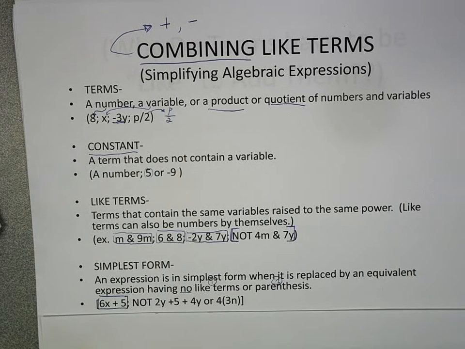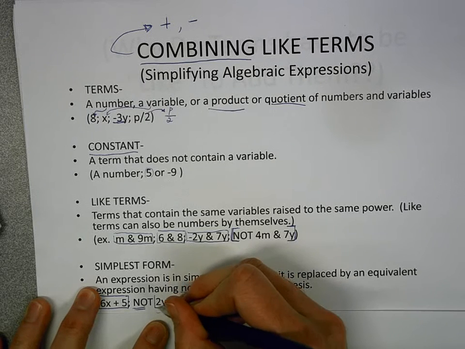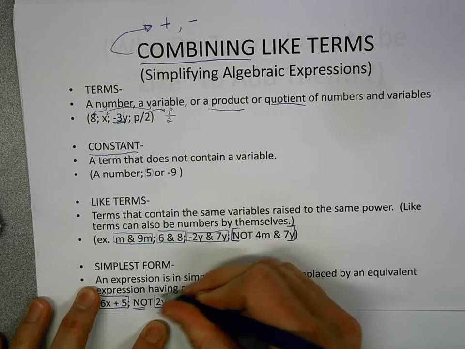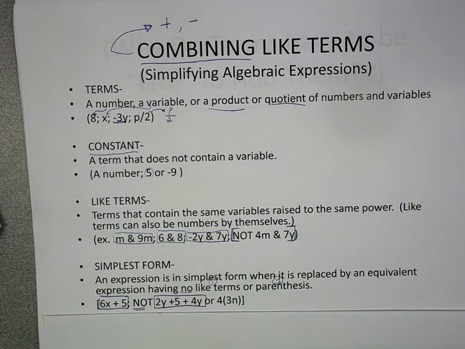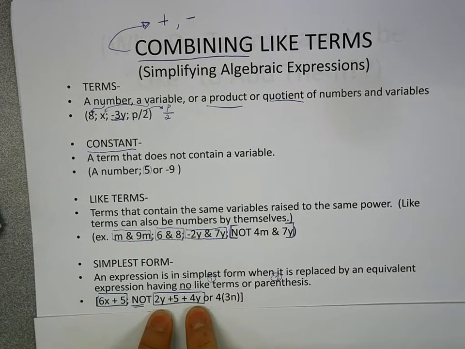Okay? However, here's two expressions that are not in simplest form. 2y plus 5 plus 4y. That's not in simplest form. You can simplify it. Okay? You have two terms here, the 2y and the 4y, that have the same variable.